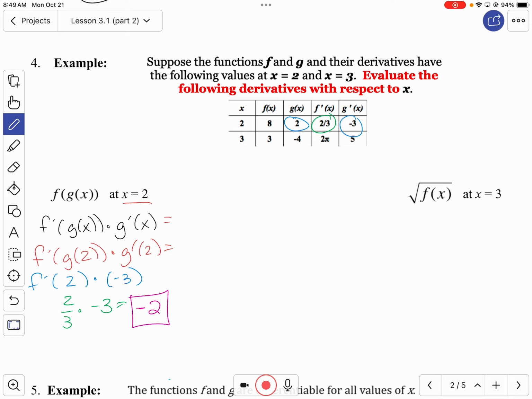So just do it a little piece at a time. Step right through it, okay? So derivative of composition, F prime at G of X times G prime. And then plug in your X value and simplify it a piece at a time.